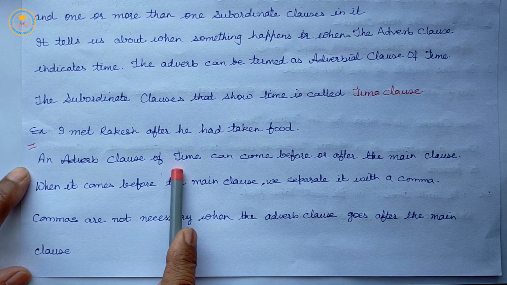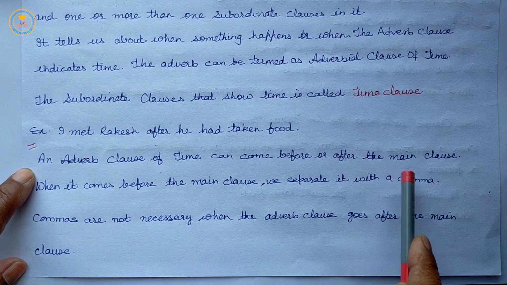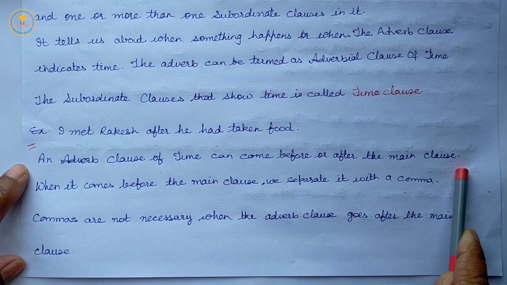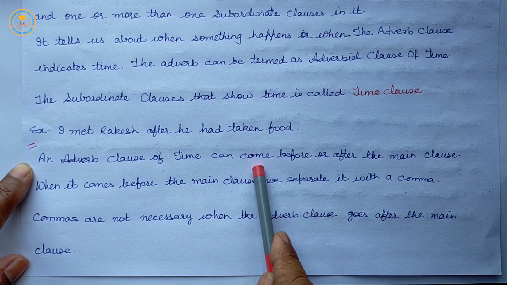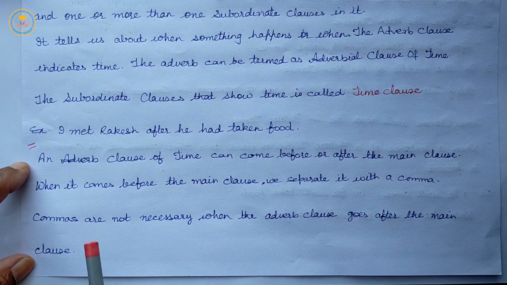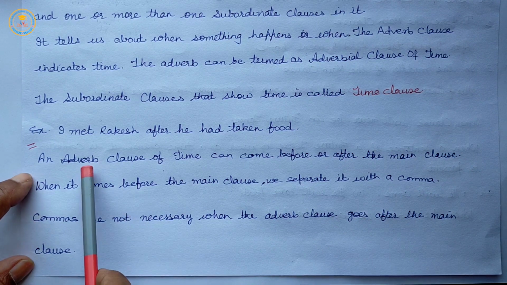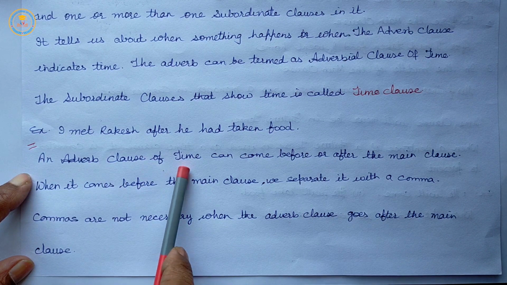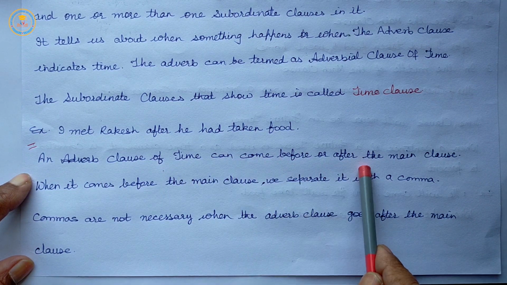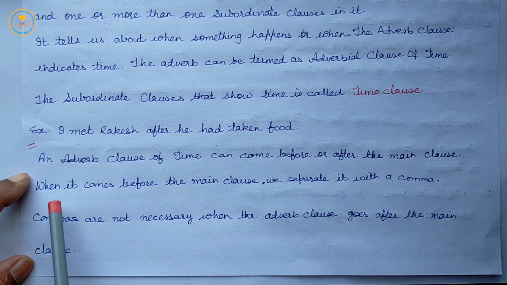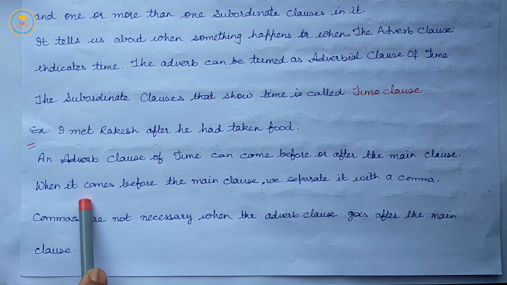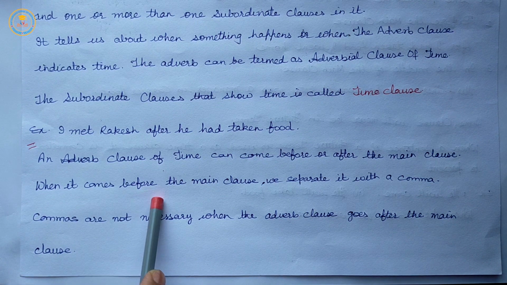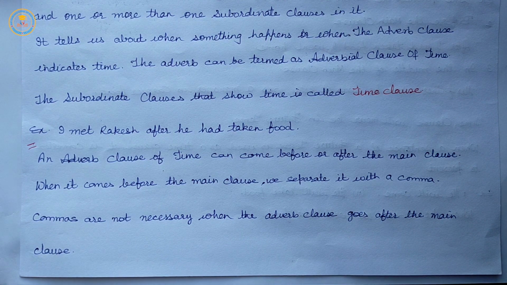An adverb clause of time can come before or after the main clause. That is the position. When it comes before the main clause, we separate it with a comma.